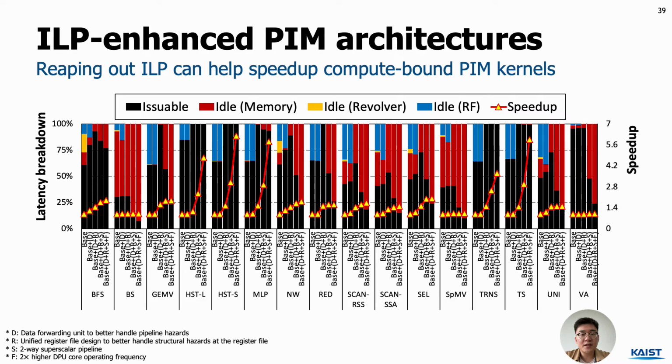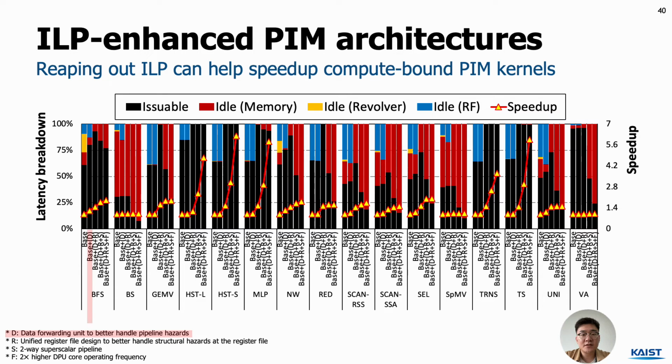In this case study, we use UPMulator to see how much performance can be unlocked in PIM's compute-bound workload by augmenting UPMEM PIM's DPU with ILP-enhancing optimizations. In this figure, the leftmost base design point is the vanilla UPMEM PIM architecture, and we incrementally add more advanced microarchitectural techniques as we move from left to right.